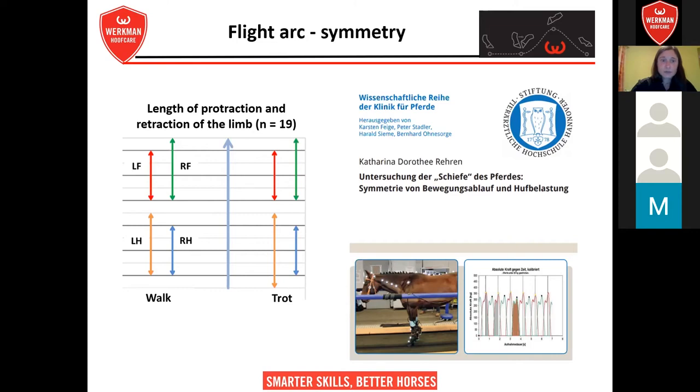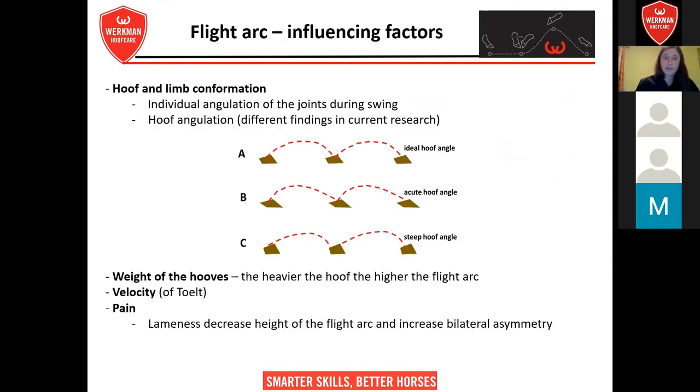So it's very natural to have asymmetries independent from lameness, just because you have a lateralized motion behavior due to handedness of horses. Sometimes they have a quite strong left hand or quite strong right hand. This is why you see these asymmetries in the motion pattern. And this is very natural.